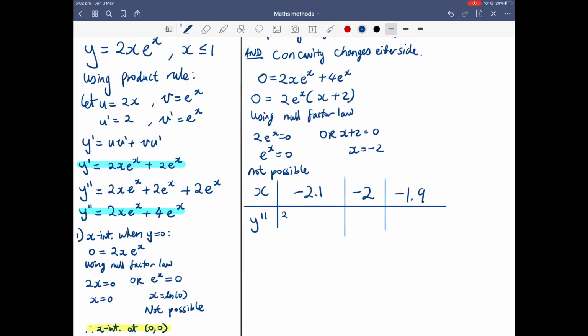So I'm putting these numbers into y dash dash, so 2 times -2.1 times e to the -2.1 plus 4 times e to the -2.1 gives us -0.02. So that's less than 0. And at -1.9, so 2 times -1.9 times e to the -1.9 plus 4 lots of e to the -1.9.